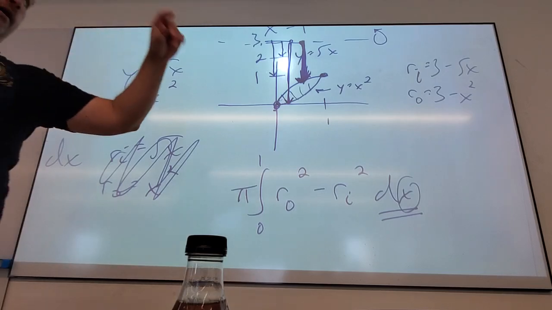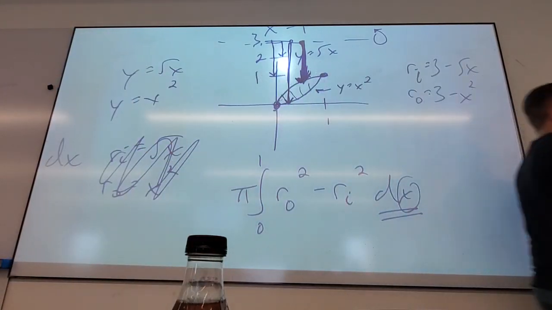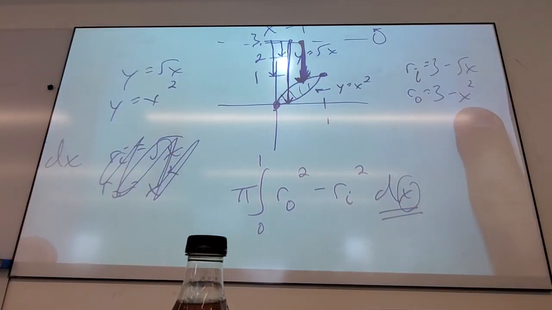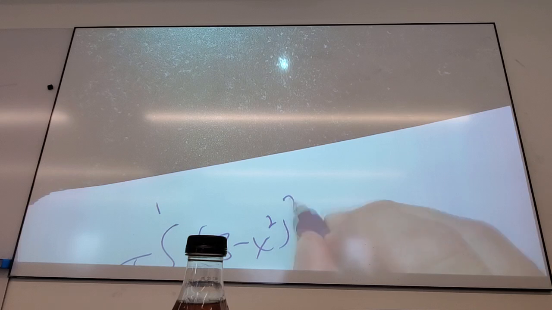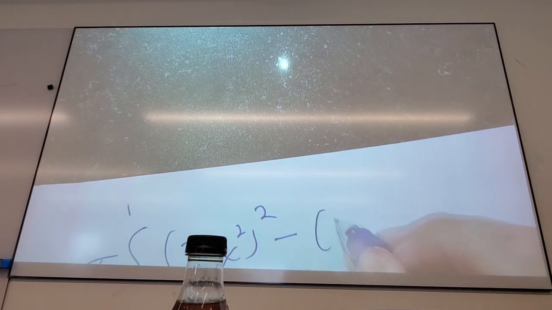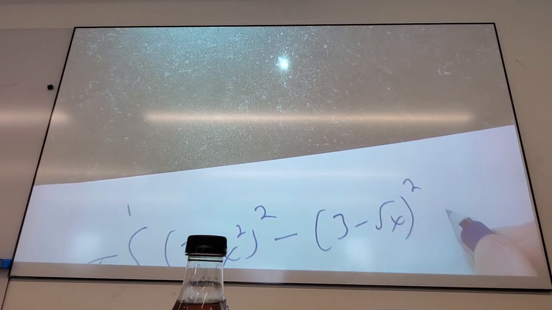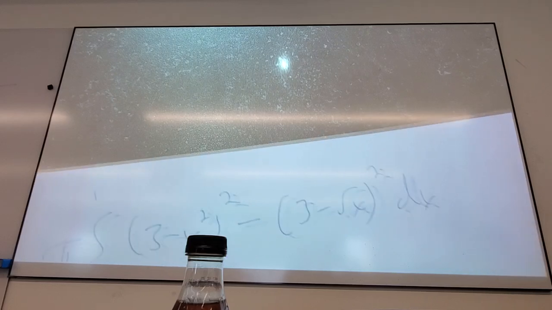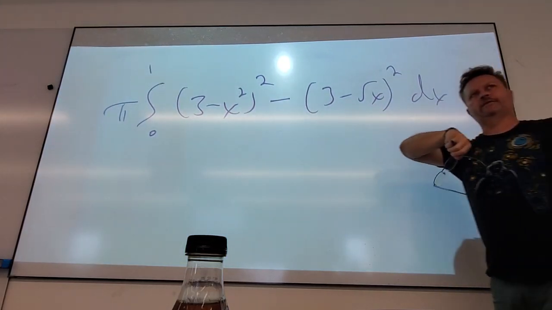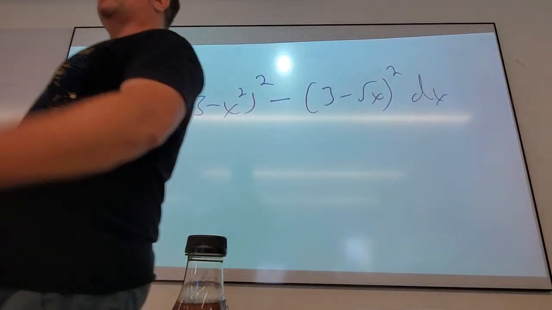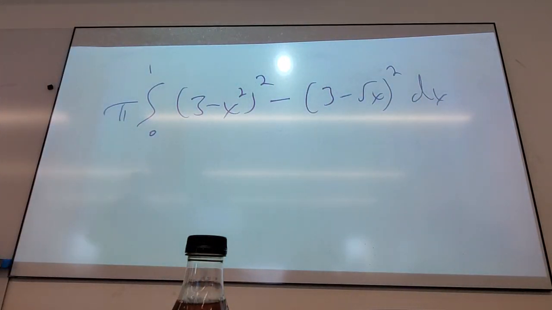Now I'm just going to put 3 minus x squared in for our outer, and then I'm going to put 3 minus rad x in for our inner. And in the grand scheme of things, this is actually really nice. I know it's got a radical in it, but who cares? It's x to a power. As far as integration is concerned, that's easy.